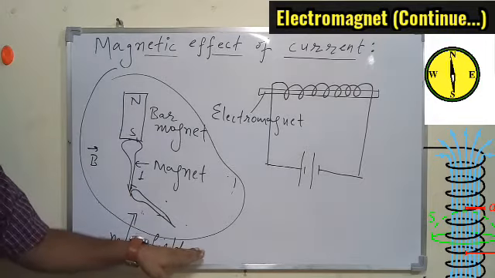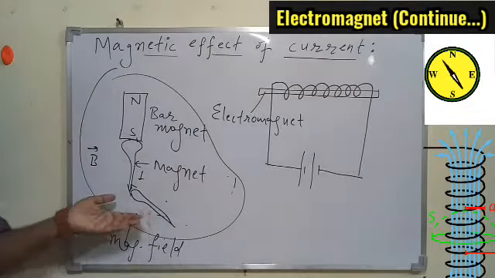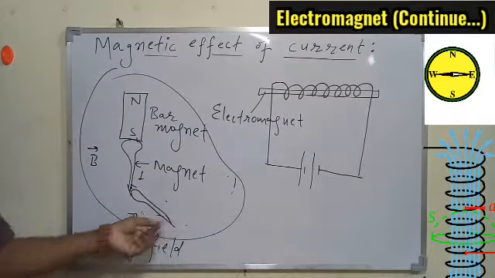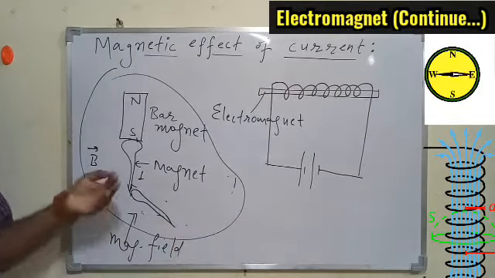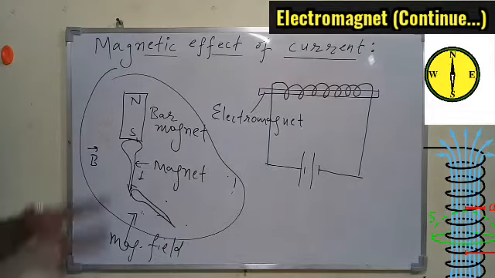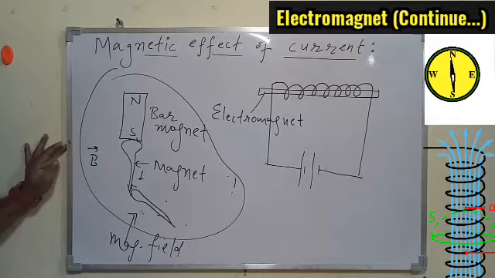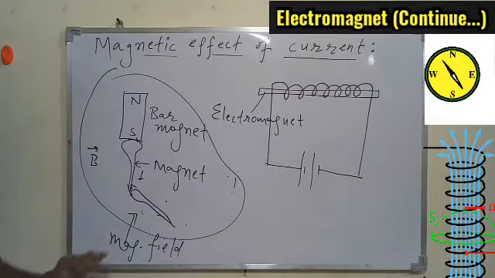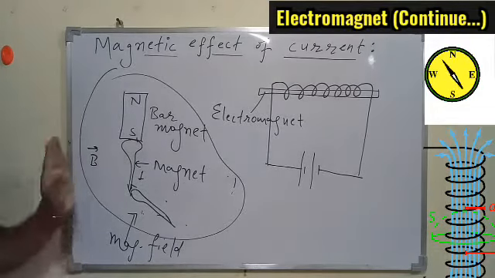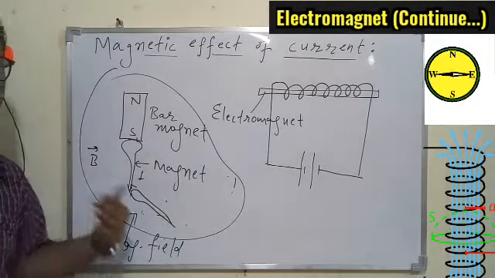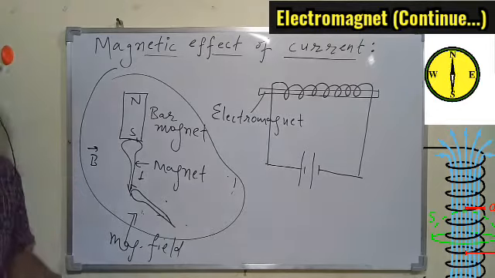If you place the third iron nail, that will also get magnetized and attracted. So within that field, all the iron nails which are placed will get magnetized and will be attracted by the magnet directly or indirectly. So we can say, in general, any magnetic material when placed in the external magnetic field is converted into a magnet, that is, it gets magnetized.